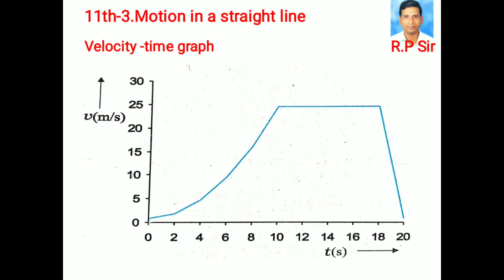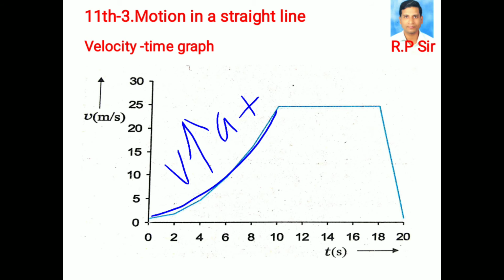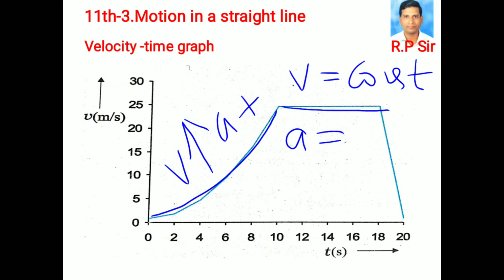Here, along this curve, the velocity increases, so the acceleration becomes positive. Along this line, the velocity is constant, so the acceleration equals 0. Along this line, the velocity decreases, so the acceleration becomes negative.